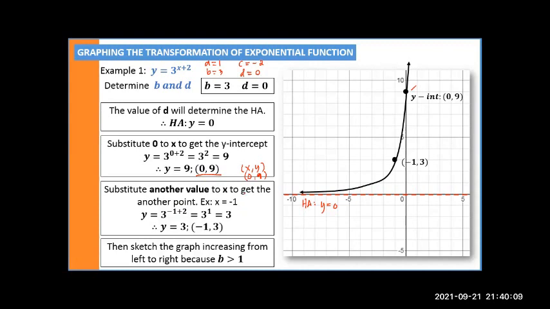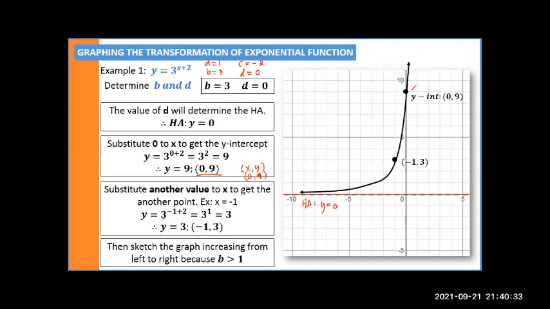So pwede rin naman tayong gumamit ng value na nasa right ng 0. So pwedeng positive 1, positive 2, positive 3. So it depends on you. Pero ang pinili ko is yung nasa left, negative 1, para mas maliit yung value, para nandito siya sa bandang ibaba. Kasi pag sa kanan ka kumuha, positive, possible nandito yung point na makukuha mo, malayo na sa graphing.